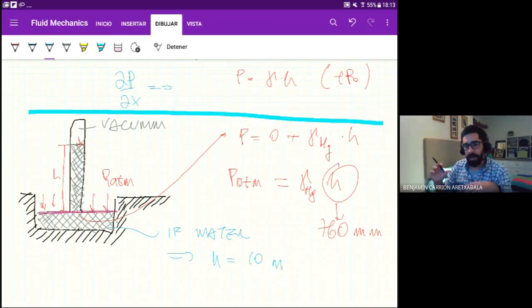So people used to use mercury because mercury is very, very heavy. I don't know if you've seen it, you can Google it, but you can have very heavy steel elements floating on mercury for how heavy it is.